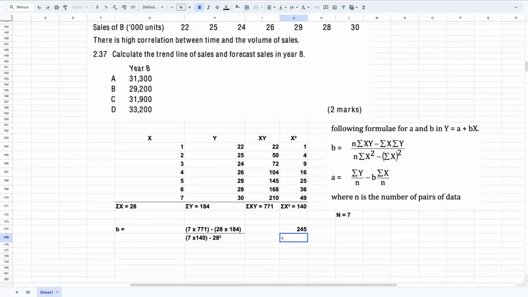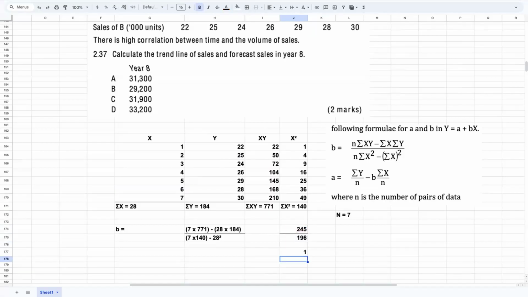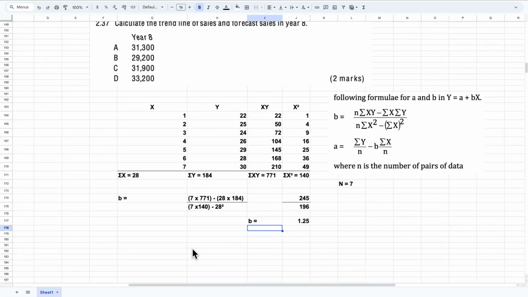And the down part is 7 into 140 and take away 28 squared. The value is 296. There is no decimal value. So we can get the B with two decimals, 1.25. Right? This is the B value then. The B is equal to 1.25.